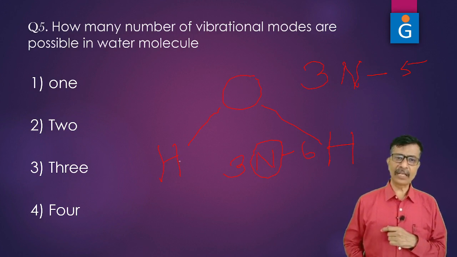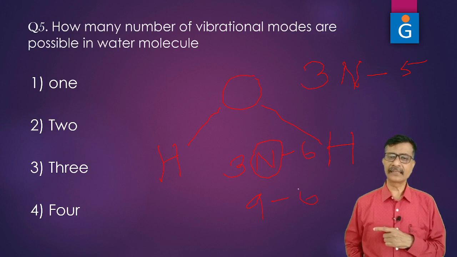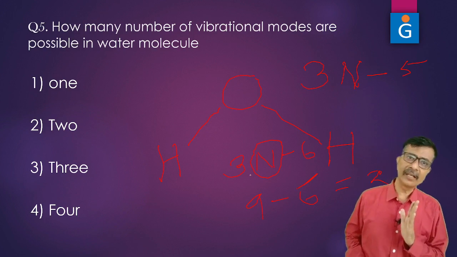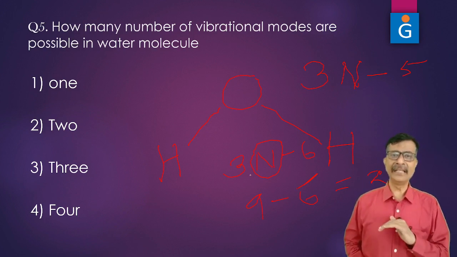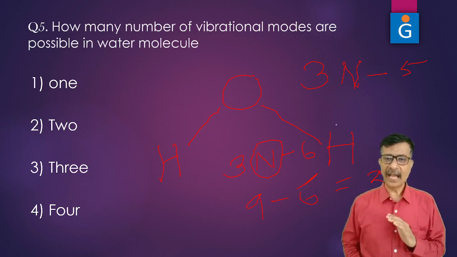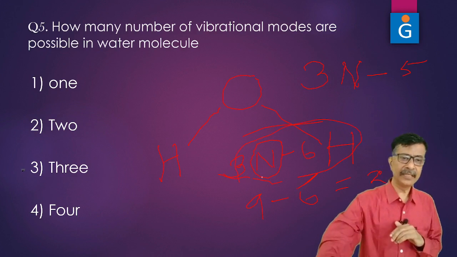This water molecule contains 3 atoms, so this is 9 minus 6, which is equal to 3. So because water is a non-linear molecule, the number of vibrational modes as per this equation is 3. So the answer should be 3.